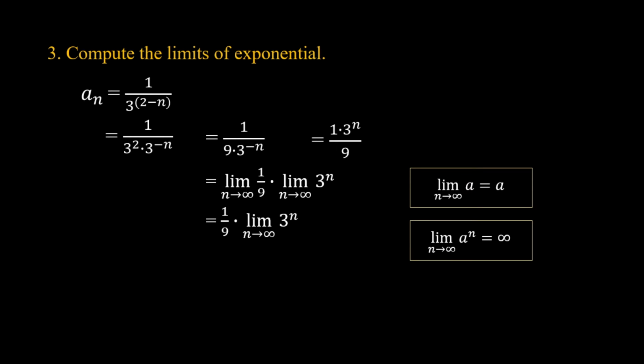You can move the 1/9 to the front and multiply with the limit of 3 to the n. You know that 3 to the n is infinity from the theory at the right side. So if one of them is infinity, you know that it's going to be infinity. So for this question, you can't find the value, and it is divergent.